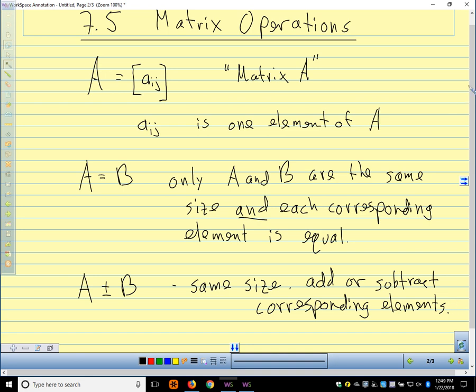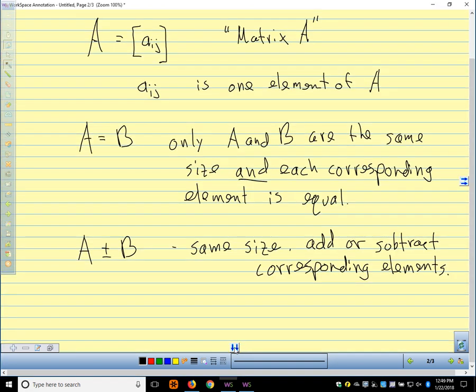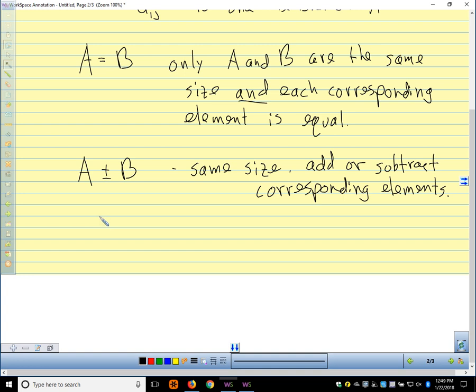So for example, if we had two matrices, 2, -5, 4, 3, plus 8, -9, 1, -3.